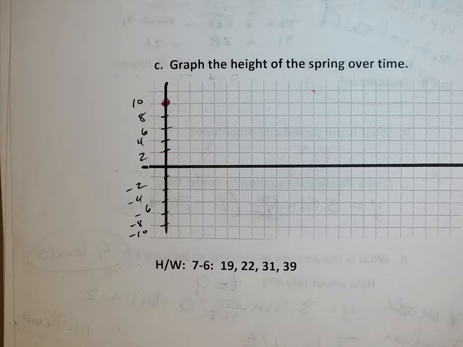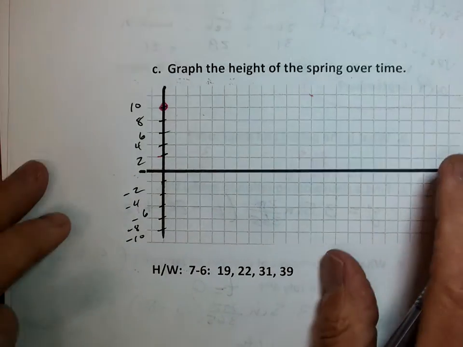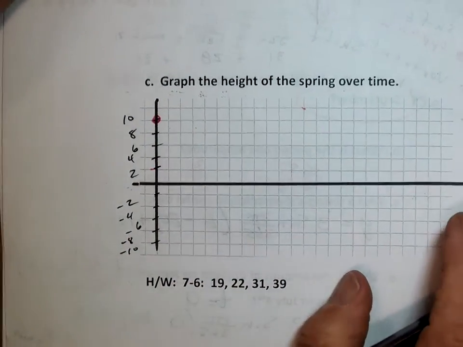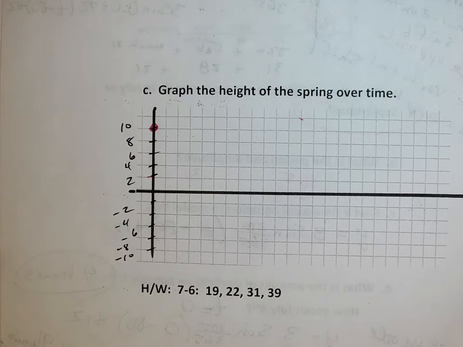So my amplitude has got to be 10, right? It's going to start up here, and it's going to curve down, something like that. You guys agree? So this one's going to be a cosine. Can you see it?